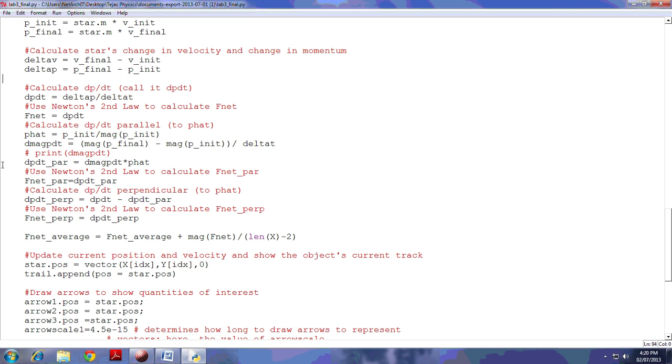Then the dP/dt parallel is equal to F-net parallel, and F-net perpendicular is equal to dP/dt perpendicular.